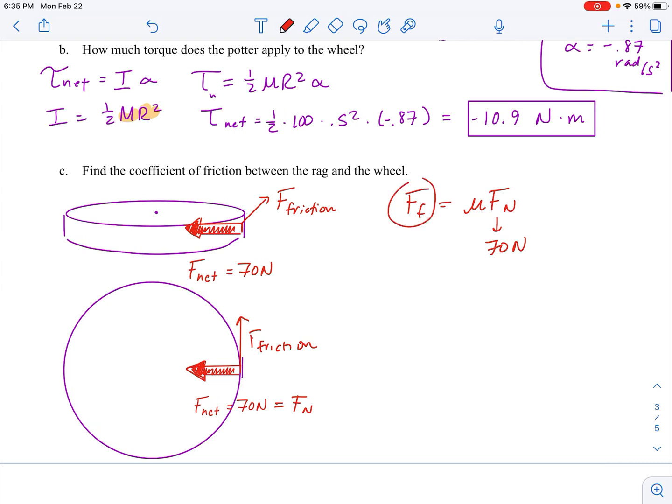So what I need here is the frictional force. And the frictional force is what produces the torque. So the torque was 10.9 Newton meters. The force that I need is unknown, and the radius is 0.5. So when I divide this out, I get a force of 21.75 newtons.